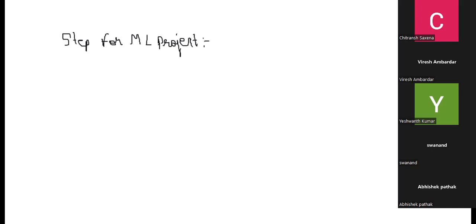So, the first step is, first of all, we need data. So, collect data. You can collect data from anywhere, like from a website, from an employee.